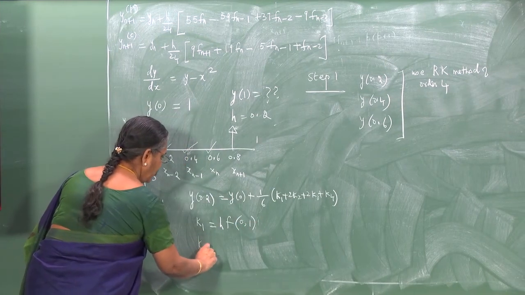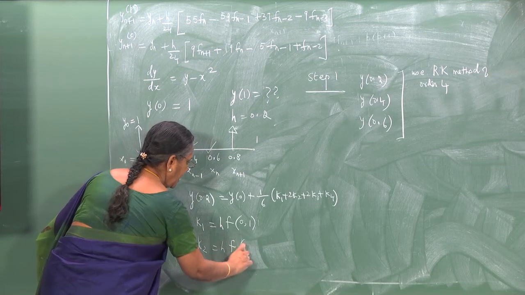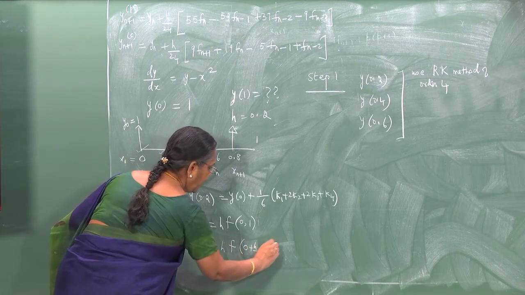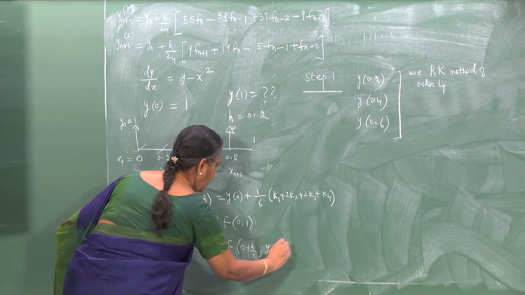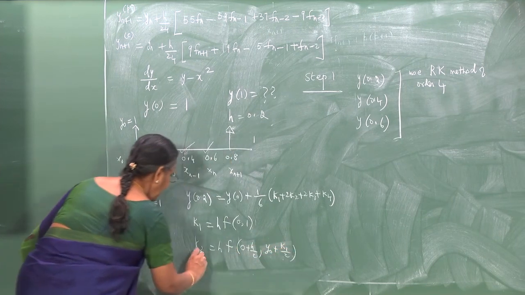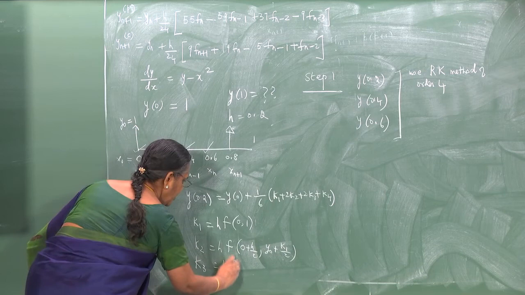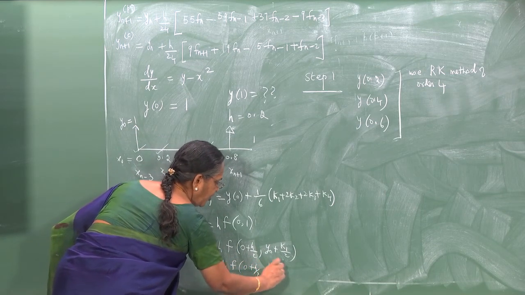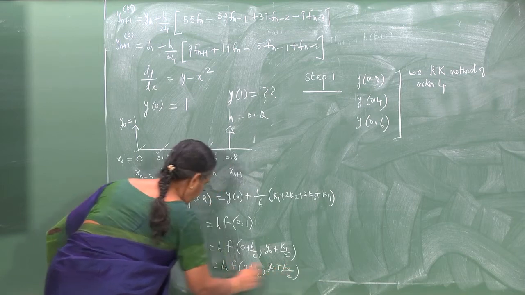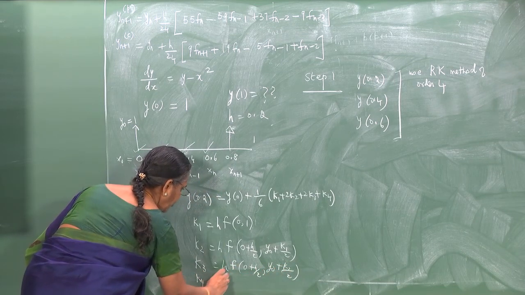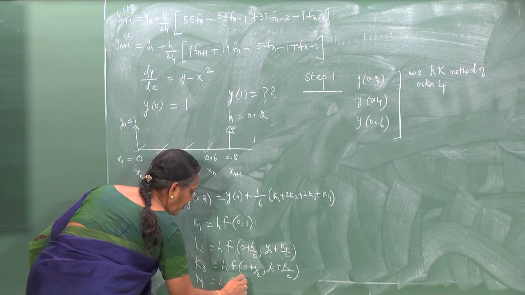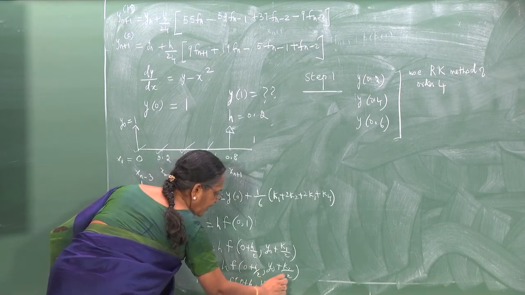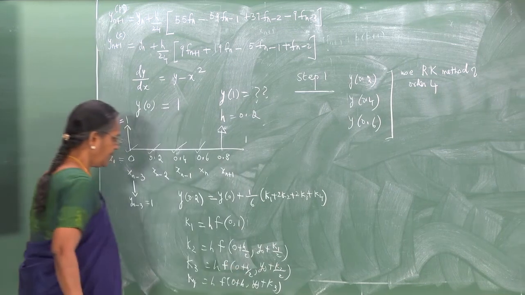And what is k2? K2 is h into f of x naught plus h by 2, y naught plus k1 by 2. And k3 is h f of x naught plus h by 2, y naught plus k2 by 2. And finally, k4 is h f of x naught plus h, y naught plus k3.